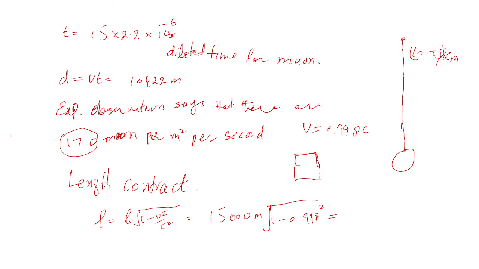So c will cancel out, and we will get this value. After calculation we have 15,000 meters multiplied with this factor. This factor is about 0.063.